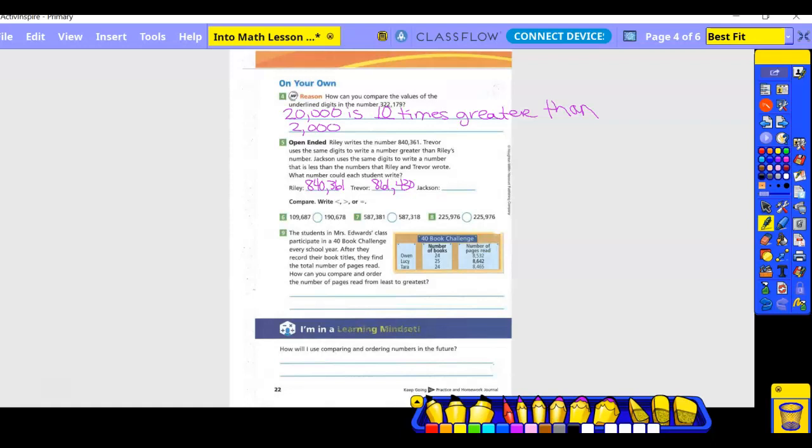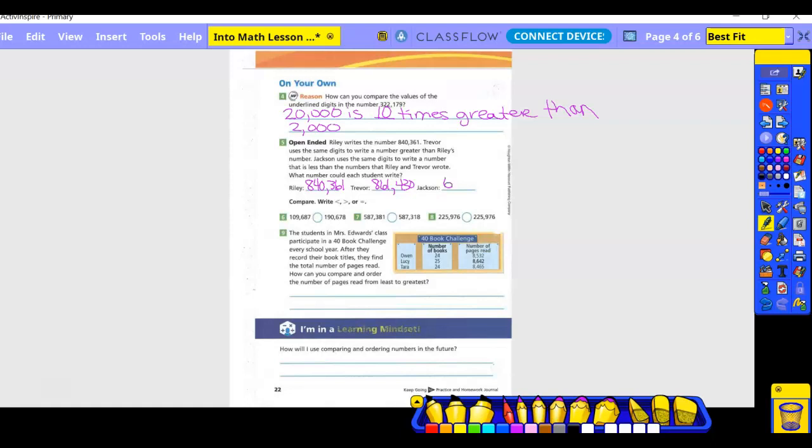Now Jackson uses the same digits to write a number less than Riley and Trevor. So what can we do? We can still keep the 8 and put something smaller in the 10,000s, or we could completely change the 100,000. We could completely change it. What do you want to put as our first number? 6, okay.